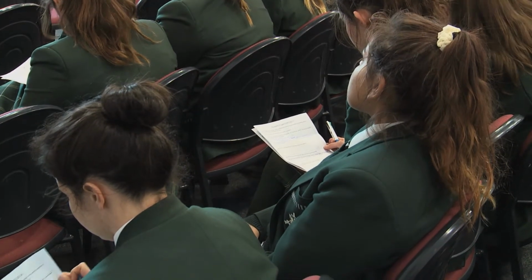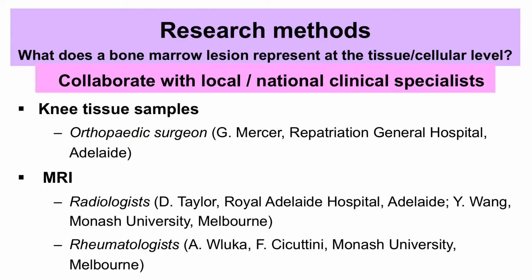Now returning back to my research project, because the study is clinically related, we had to seek out clinical experts to assist us with different aspects of the methods to the study. So the first one, you can see there, we had to build collaborations with certain specialists. So an orthopaedic surgeon was involved to allow us to have access to those tissue samples from patients having knee replacement surgery.